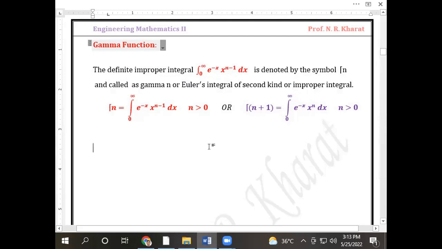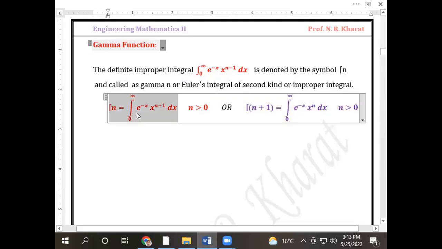So the definition of the gamma function in the form of integration: gamma of n is equal to the integration from 0 to infinity of e raised to minus x, x raised to n minus 1 dx. This is the definition. We observe that the index of x is n minus 1 and it is converted into n. In a similar definition, we change the index of x from n minus 1 to n.